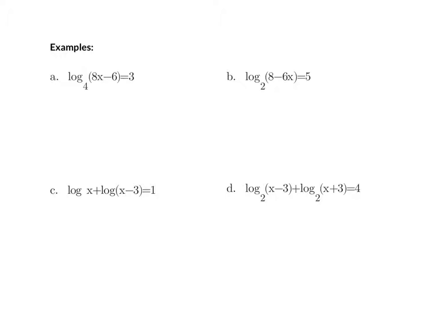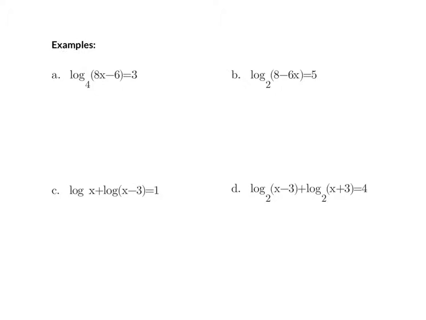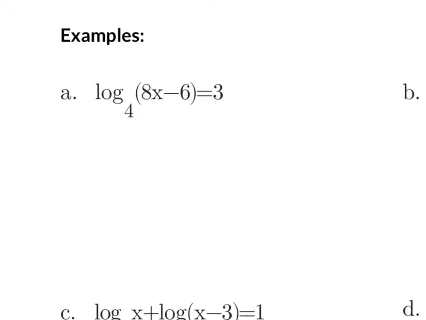So let's go ahead and start out with some basic logarithm examples. If we look at example A, we have log base 4 of 8x minus 6 equals 3. The first thing that we want to do is convert this to an exponential.